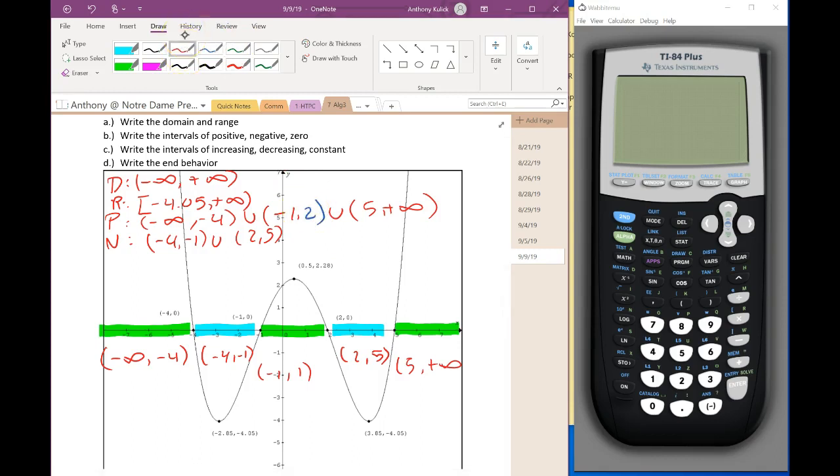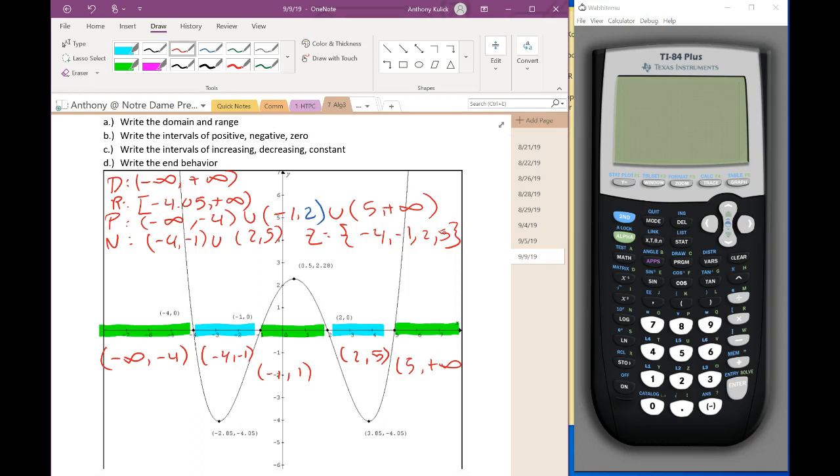Everybody okay there? And then my zeros are at -4, -1, 2, and 5. I listed those because there are specifically exactly 4 zeros.